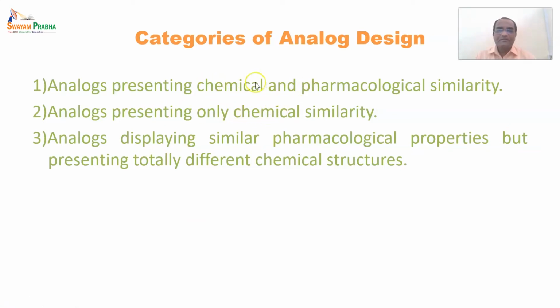So the difference between these two categories is that the structures are chemically similar, but the pharmacological activity of the second one is different. After that, the third category is analog with similar pharmacological properties but totally different chemical structures. From this it can be understood that pharmacological activities are similar but chemical structures are different. So now we'll see each class with an example.